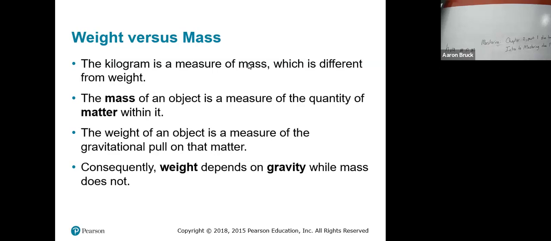Another important note to consider as we are starting to think about units, in the sciences, we often talk about mass. The kilogram is a measure of mass. And by definition, mass is a quantity related to how much matter is in a substance.